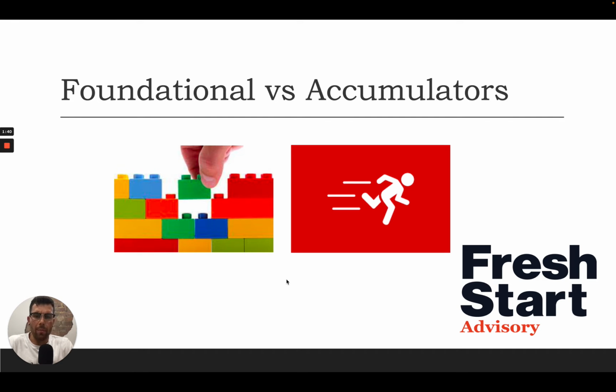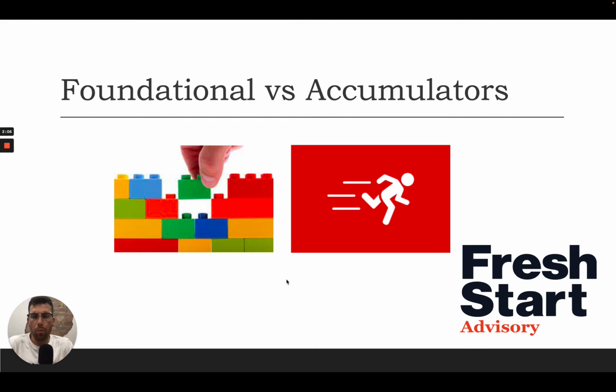And you need to build that before you can start going into bigger and more sophisticated property investment choices moving forward. Then we've got accumulators. Accumulators are properties that accelerate your property portfolio, and they do that by putting a larger amount of cash flow in your pocket.